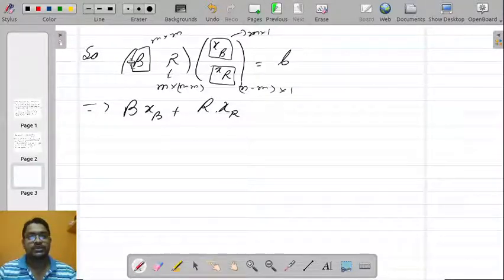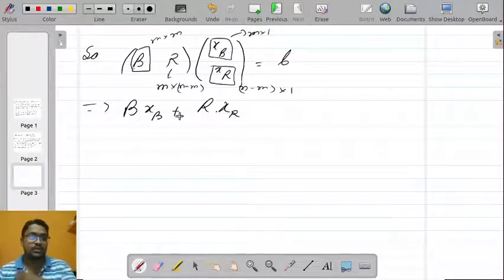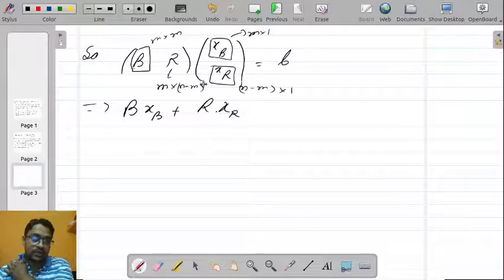So when we multiply these two matrices, we get it in two parts, and we get an m by 1 matrix.